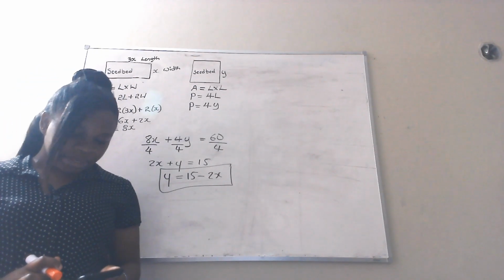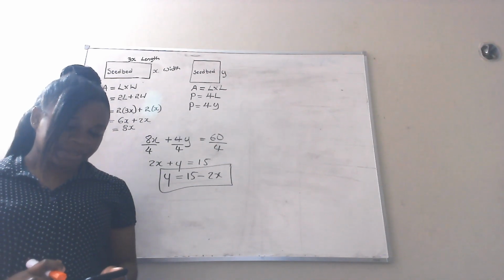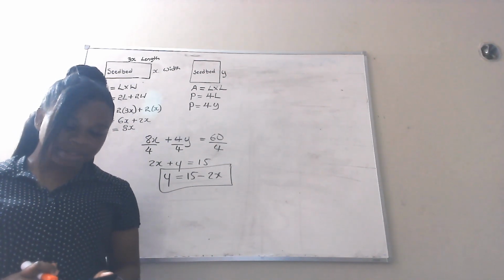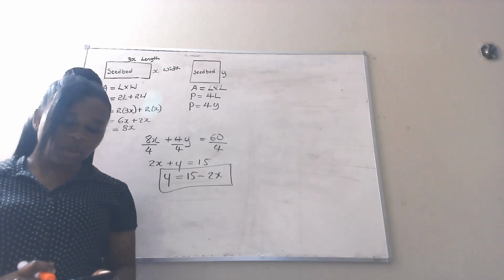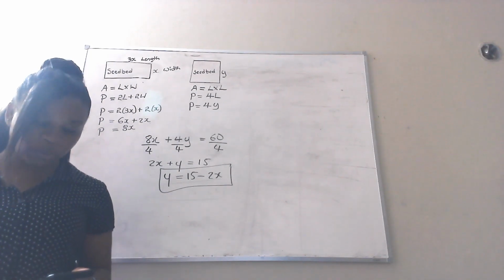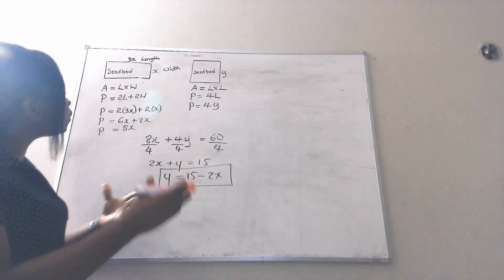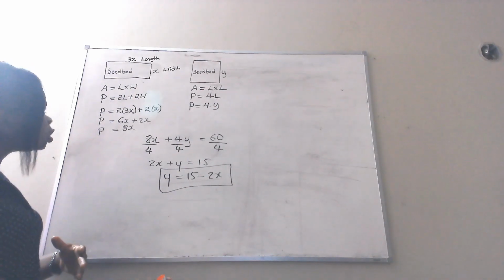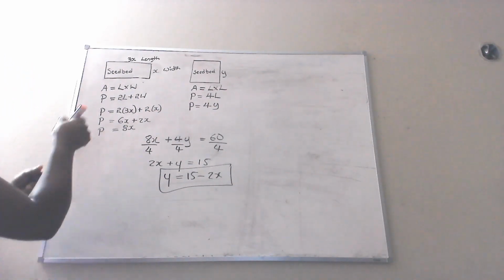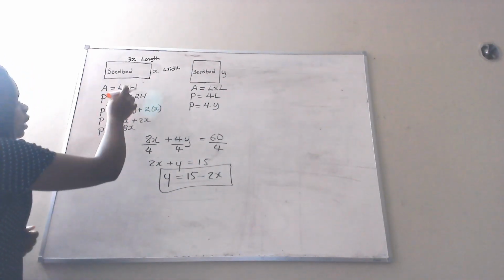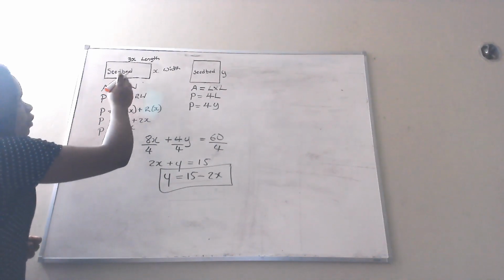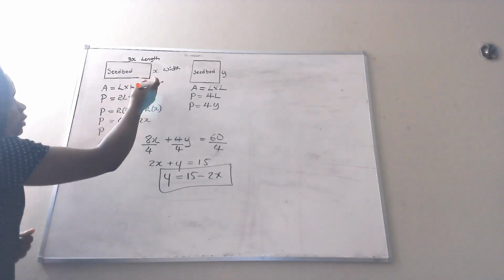Part B of the question says the area of the rectangular seedbed is equal to the area of the square seedbed. We already have the formula for each. With the formula of the rectangle, we're going to write everything in terms of x.